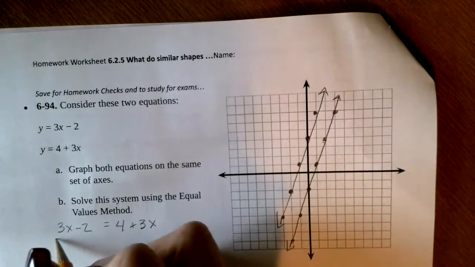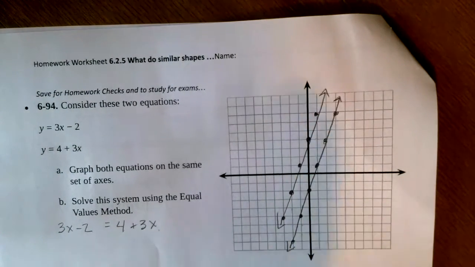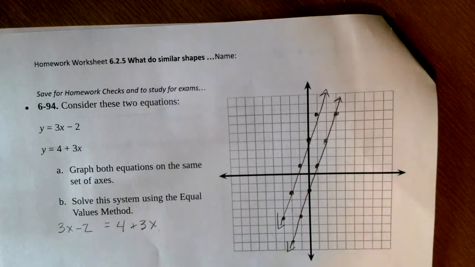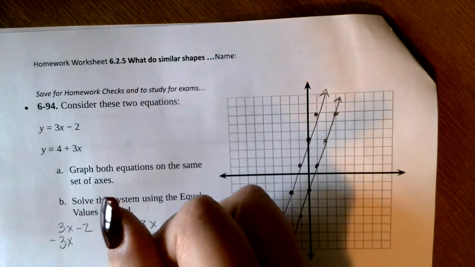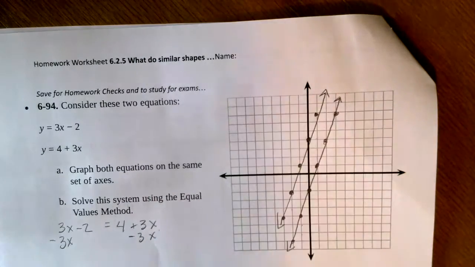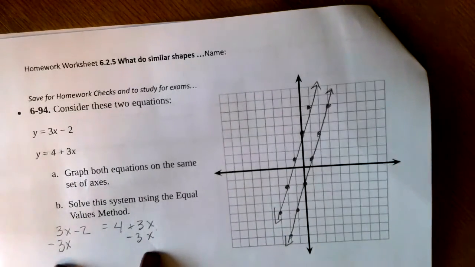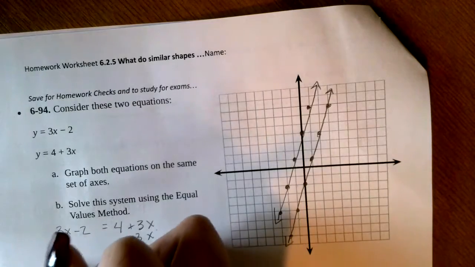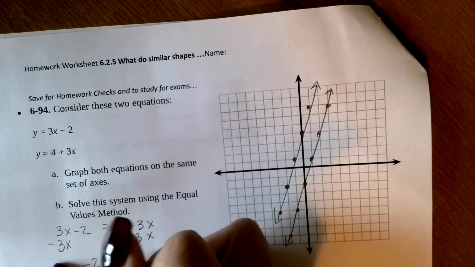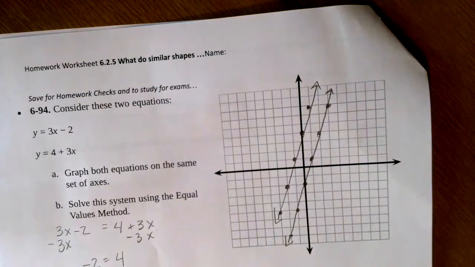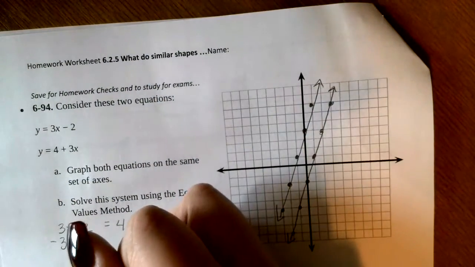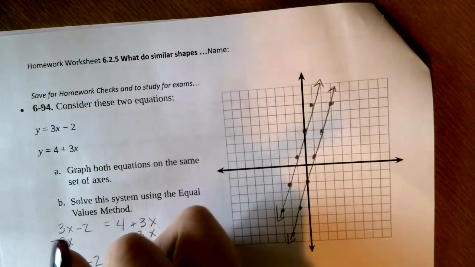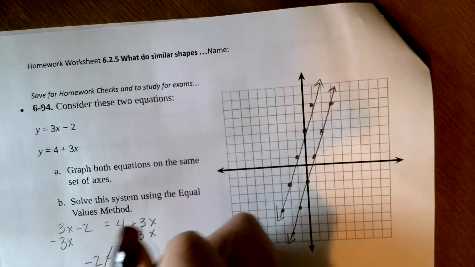The first thing I'm going to do is combine my x's by subtracting 3x on either side. What actually ends up happening on both sides is that I create a 0. So all I'm left with is -2 equals 4. Sorry, those two numbers are not equal to each other. So we'd put a slash through that and say no solution.